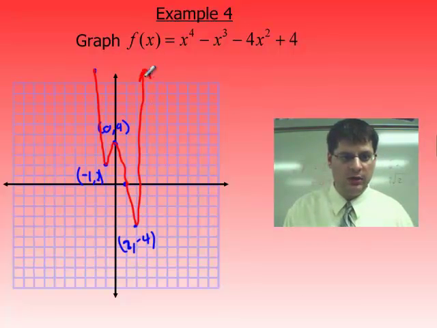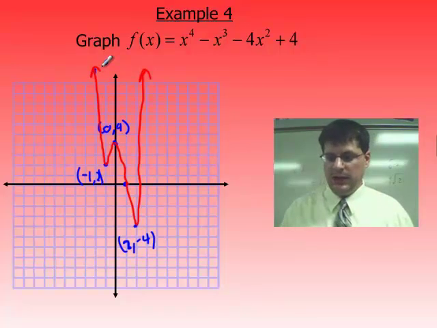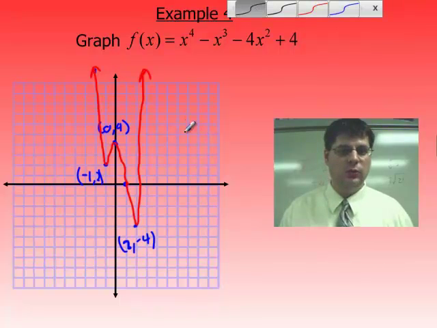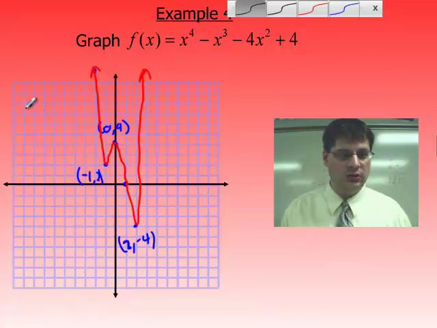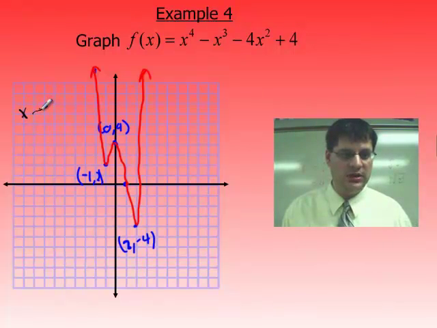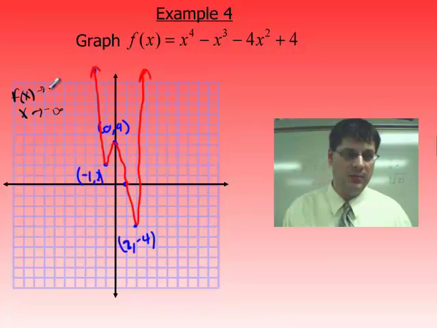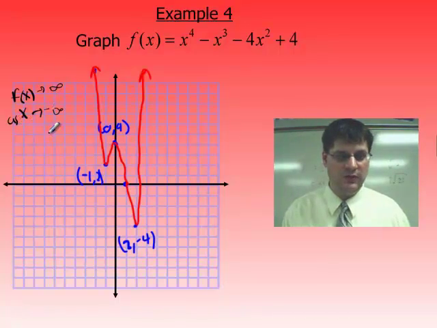Then we'll put an arrow here and here, and do not forget that, or let me tell you, you will also write down the end behavior on your graphs. So we'll say x on this side approaches negative infinity, or f of x. Let me write this properly. f of x approaches positive infinity as x approaches negative infinity.